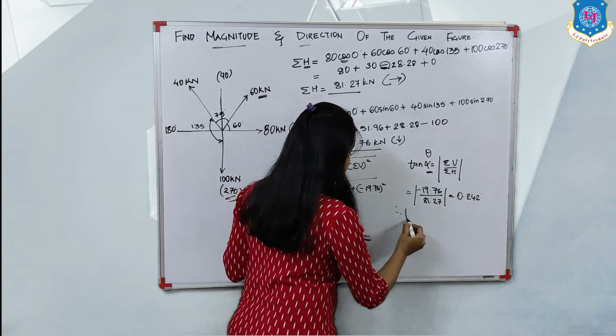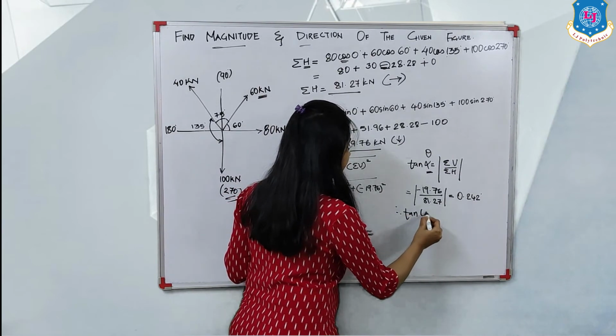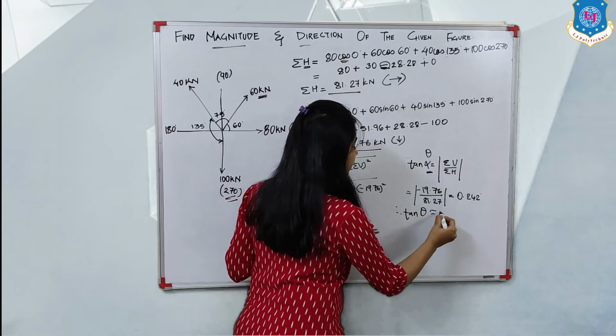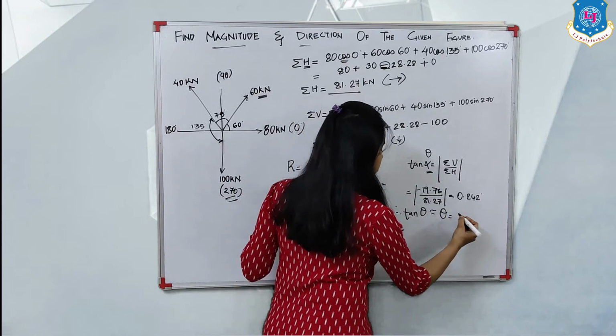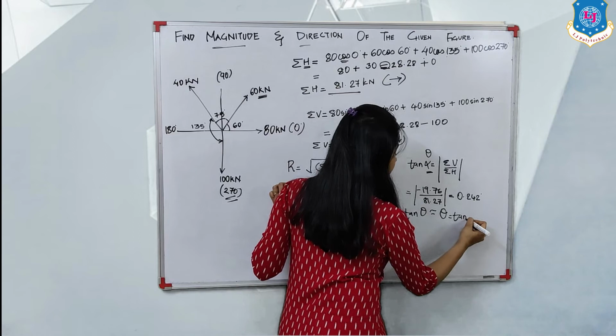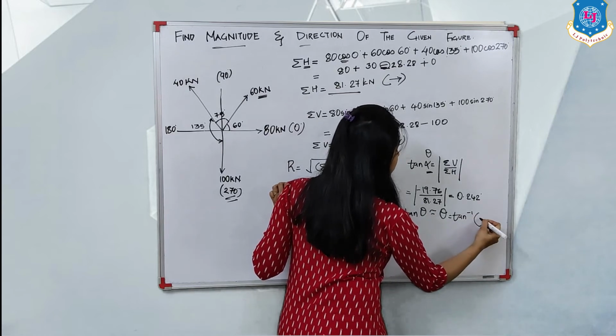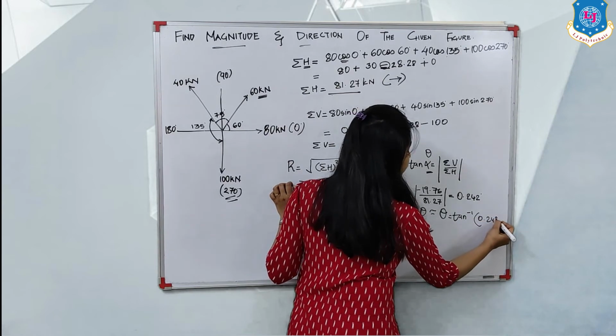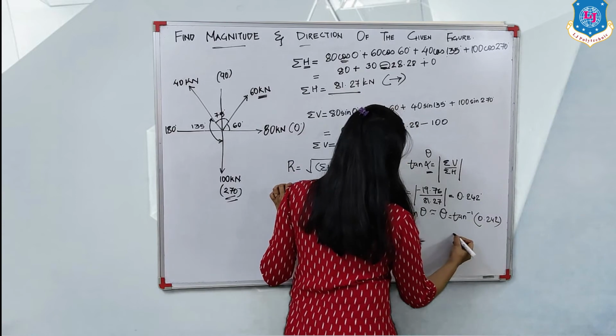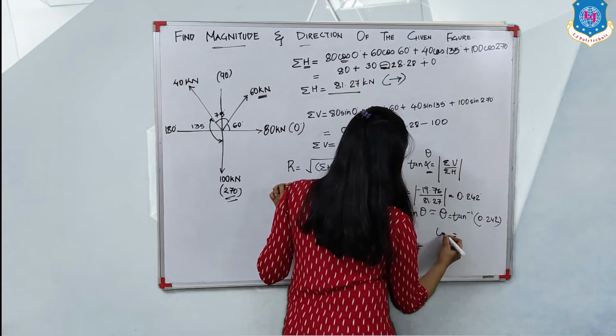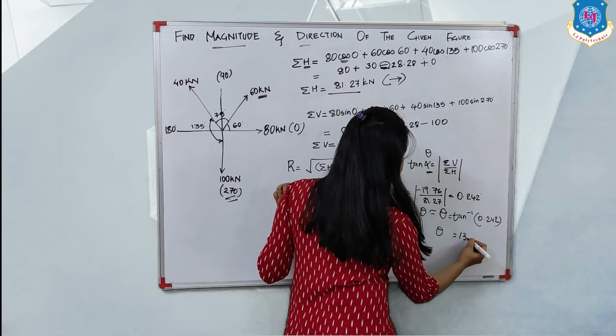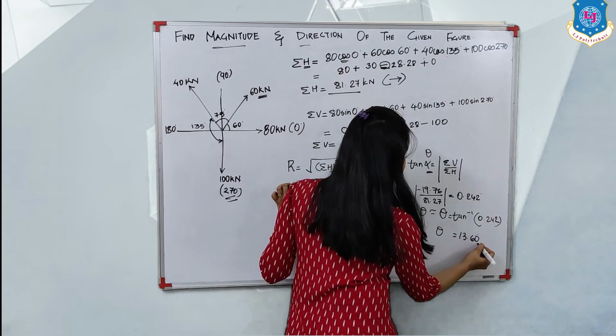Now my aim is to find alpha, or you can even write theta. So here tan theta becomes theta equals tan inverse of 0.242. So here the answer of theta will be 13.60 degree.